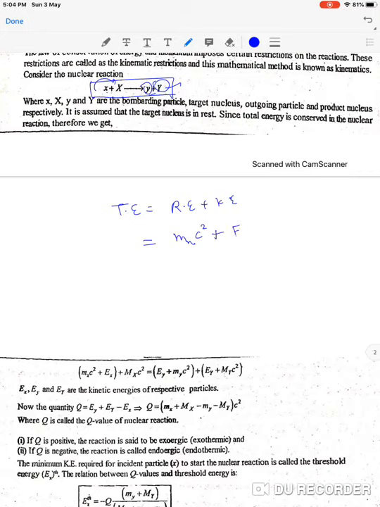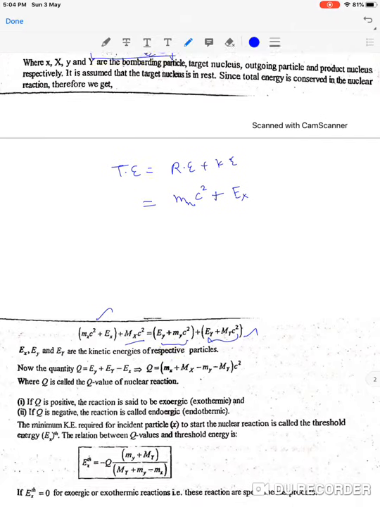For x, the rest mass energy is m_x c squared plus the kinetic energy, which is E_x. Because the target was at rest, its kinetic energy is 0, and M_X c squared is its total energy. Similarly, for the products, E_y plus m_y c squared and E_Y plus M_Y c squared are the total energy of the outgoing particle and of the daughter nuclei.